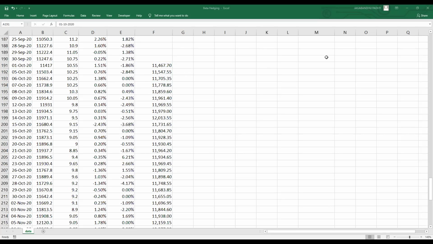Sir, we need to paste the closing price, right? Yeah, the closing prices.